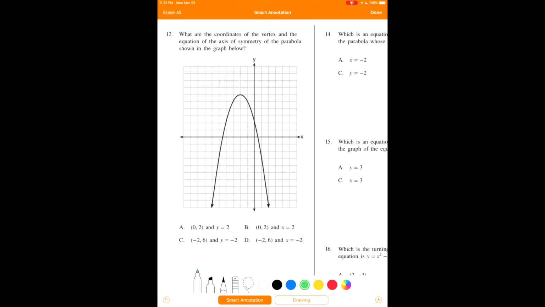What are the coordinates of the vertex and the equation of the axis of symmetry? So you can start either way here. My vertex right here, that's going to be -2, 1, 2, 3, 4, 5, 6.